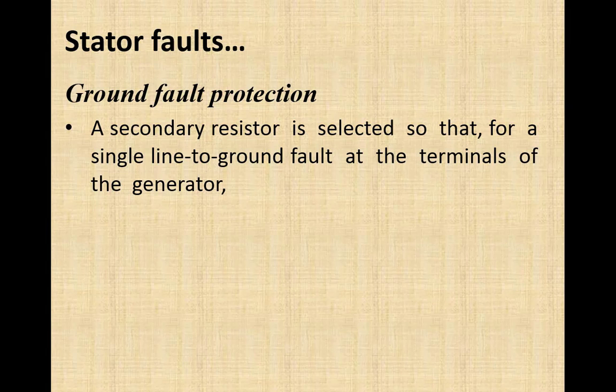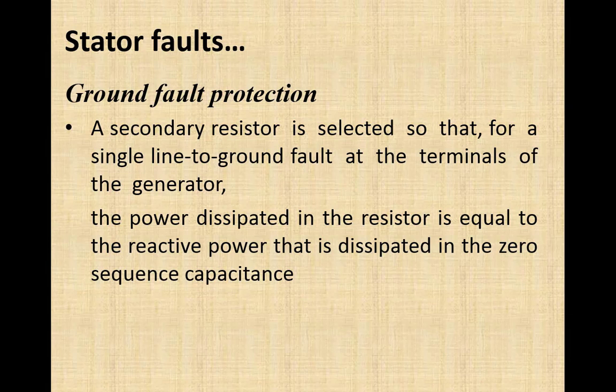The first criterion: the secondary resistance is selected so that in case of a line to ground fault at the terminal of the generator, the power dissipation in that resistance should be equal or greater than the total capacitive reactive power in stray capacitances. So power dissipation in resistance should be equal to the reactive power that is dissipated in zero sequence capacitances or stray capacitances.